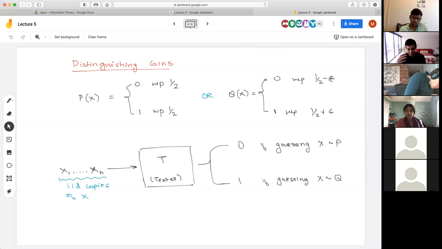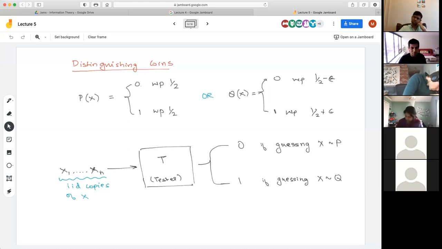And actually, because of the way the problem is set up, the likelihood will only depend on how many zeros and how many ones there are. So in particular, it suffices to look at summation xi, which, as we saw, is a sufficient statistic to distinguish. This was an exercise last week.